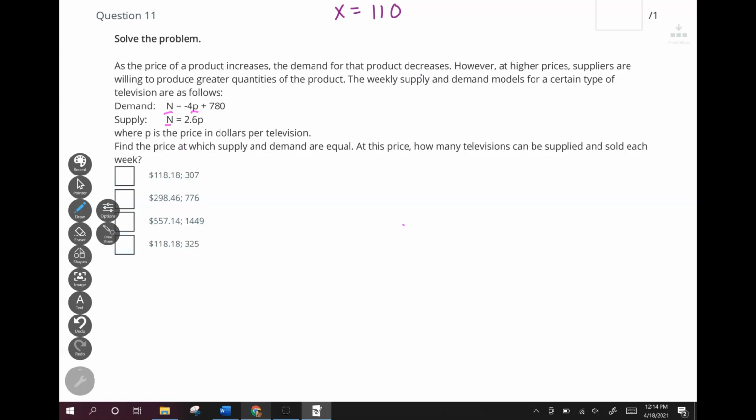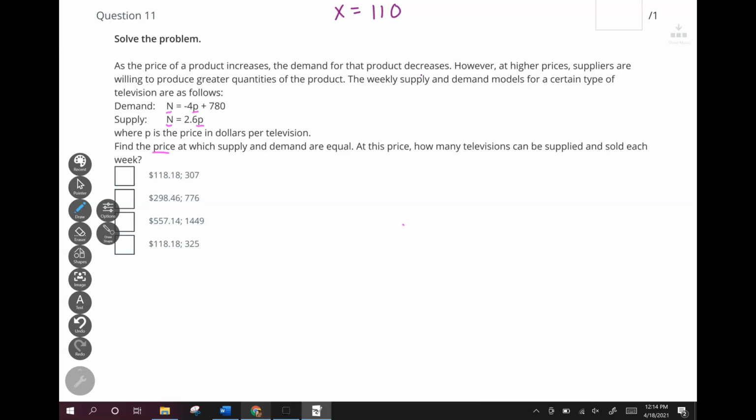Supply, the number they're willing to make, equals 2.6 times the price, where P is the price in dollars per television. Find the price.